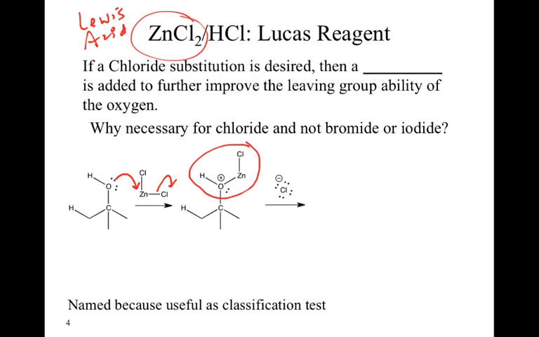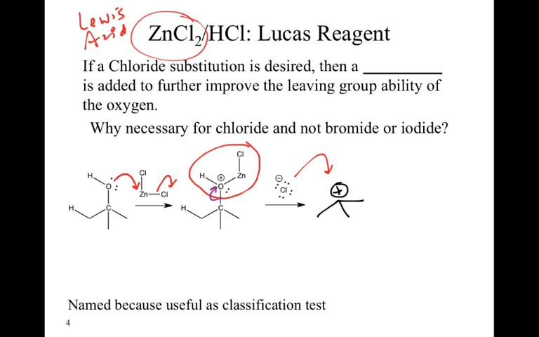This is a significantly better leaving group, which can then account for the weakness of the chloride nucleophile to go through and produce our final product. Again, typically we run through an SN1 mechanism, so we would see the leaving group leave first, and then we would have our carbocation that the chloride could then react with to get us our final product.